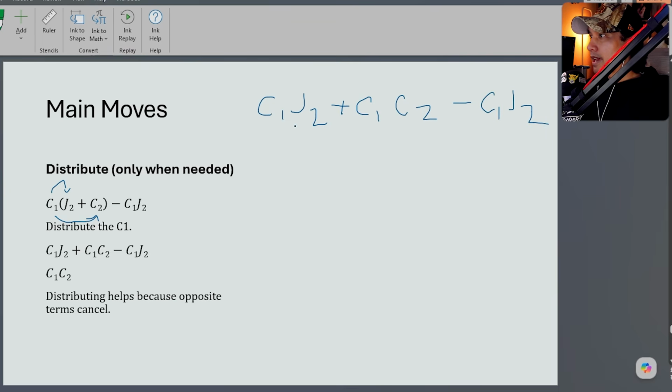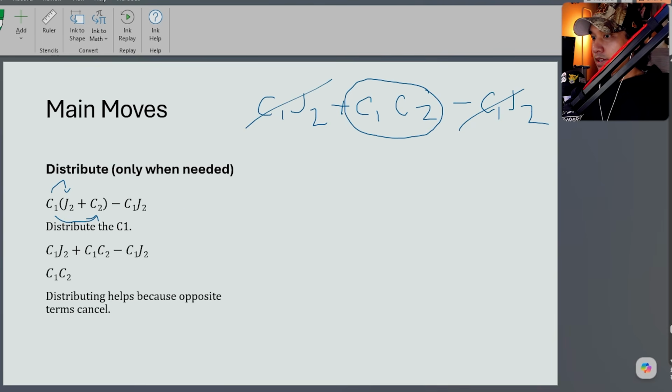We did that to cancel out the positive C1J2 and the negative C1J2. Cancel those out, and then we're left with just C1C2. Distributing helps because opposite terms cancel. And this is the simplified form of this right here. Okay?